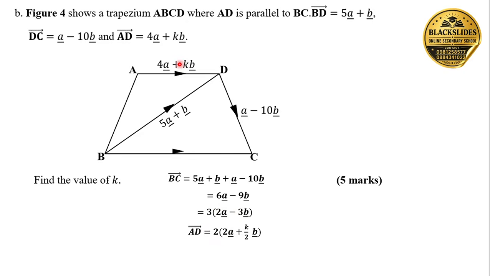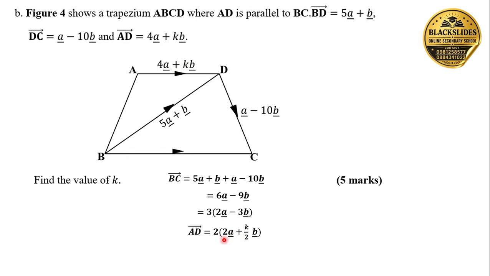If you factor out 2 from this vector, you have this actually. If you multiply this back, 2 times 2a is going to give you 4a again. 2 multiplied by k over 2b is going to give you back kb. So basically, AD is the same as this expression.